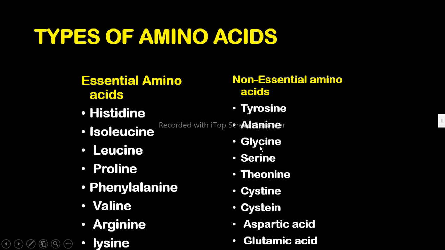No one is going to say write the structure of glycine, cysteine, aspartic acid, glutamic acid. Nobody is going to tell you that. As long as you know the essential and non-essential amino acids, then you'll be good to go.